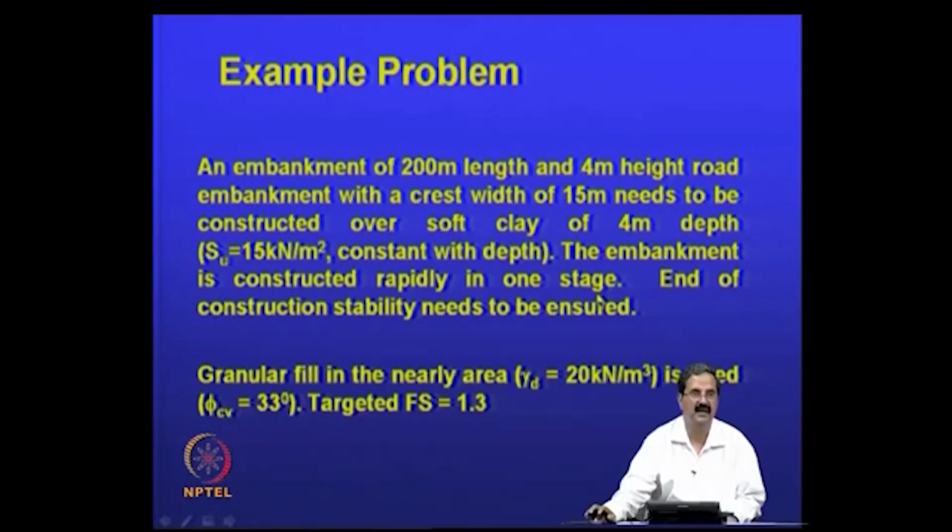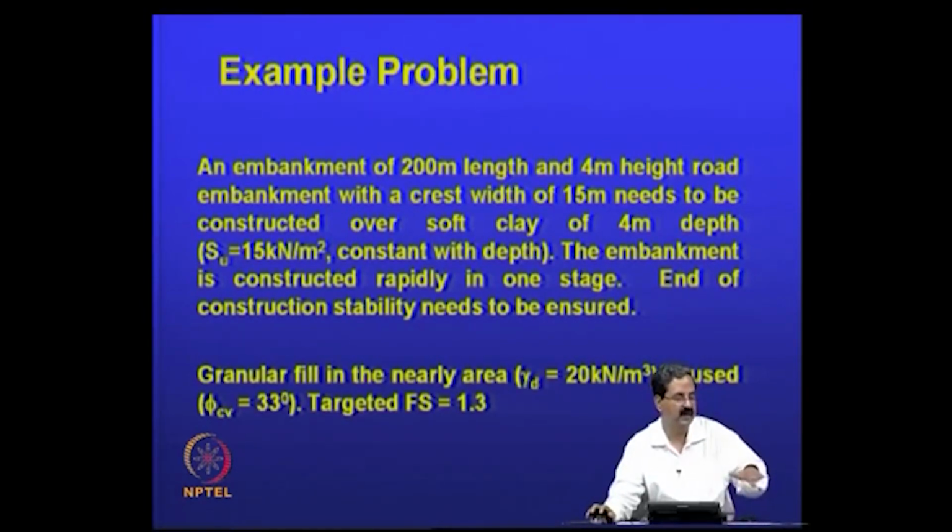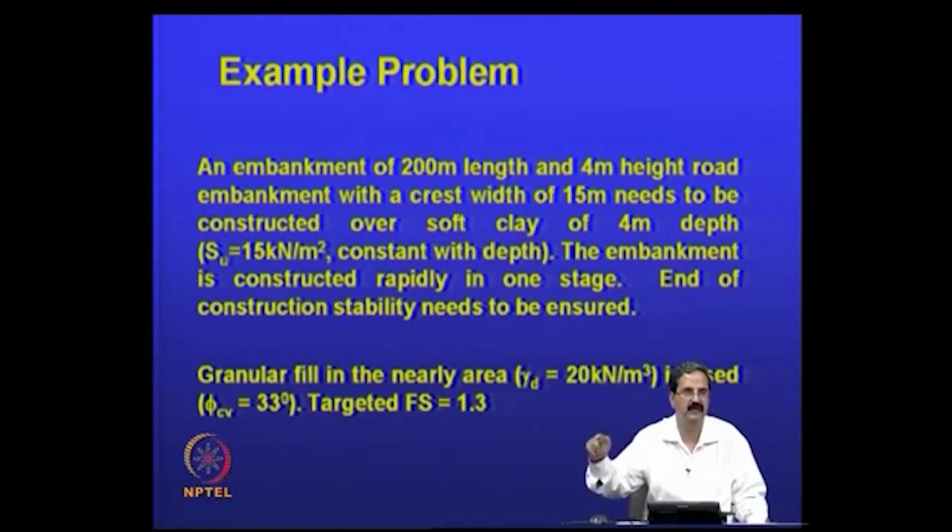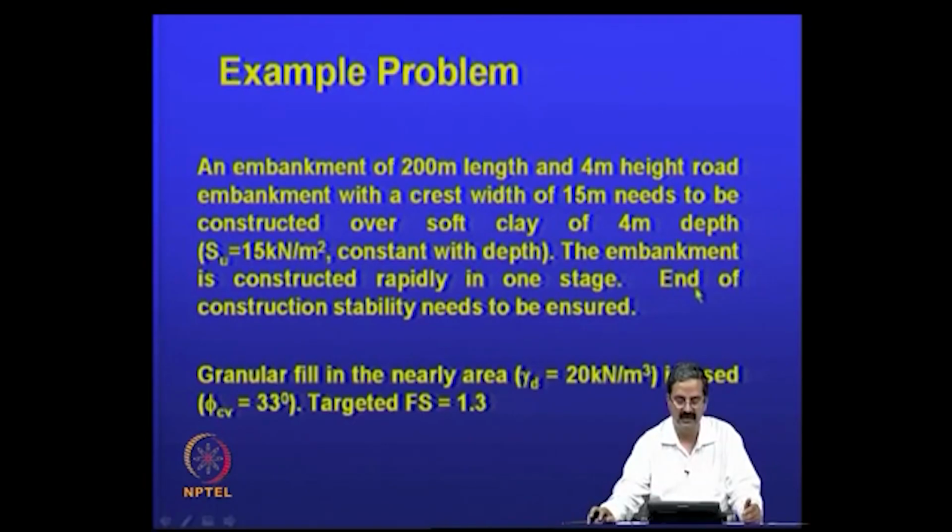It is very clear that I can't construct 1 meter, 2 meters, then wait for 2 months and then construct 2 meters again. The whole embankment needs to be finished in one go. With reinforcement, I want to go faster, that is the objective. I showed you the diagram in which the factor of safety at the end of construction is the minimum, so end of construction stability needs to be ensured.